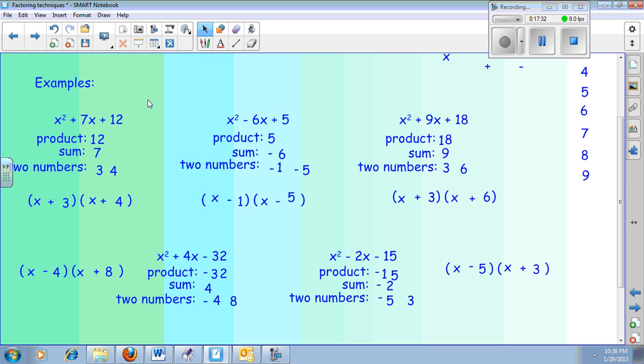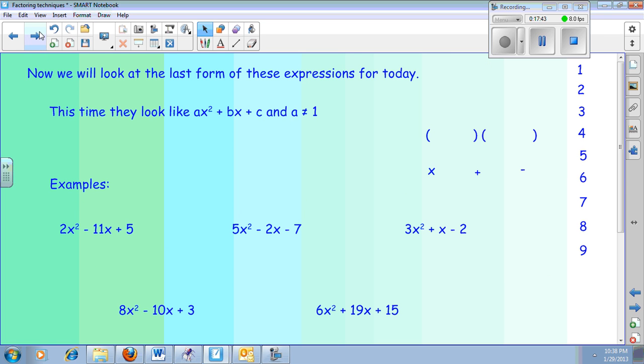Now all of these started with just x inside the binomials, because the coefficient for x squared is 1 in every example. In the next examples, which are the last form of expressions for today, we're going to look at ones where a is not equal to 1.